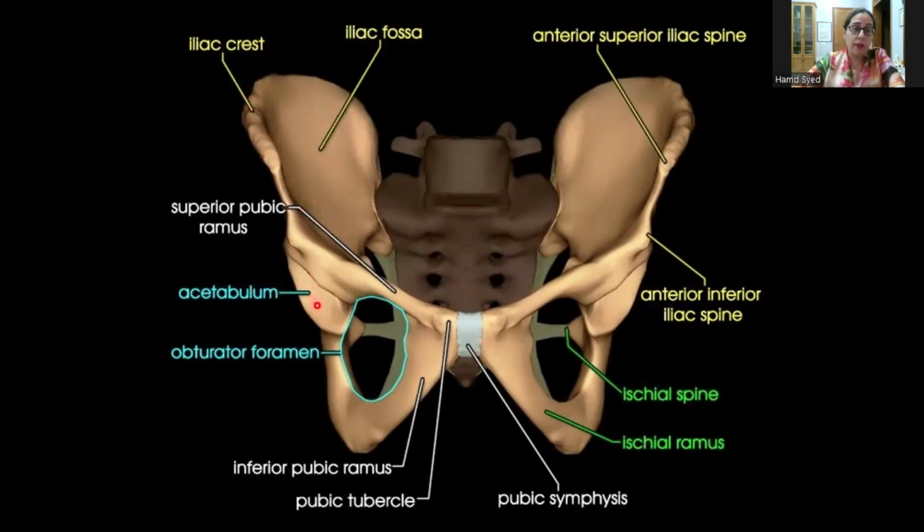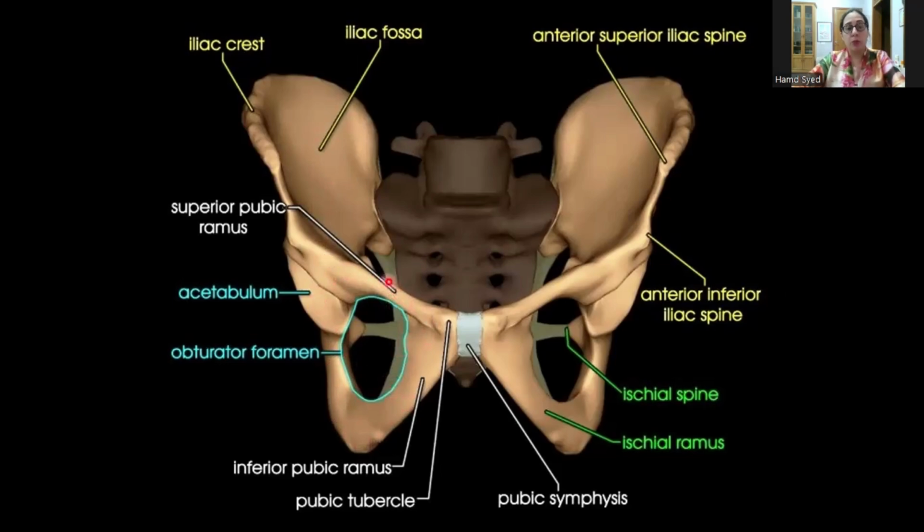Then let's look at the other two parts of the hip bone. That is this portion over here, which is known as the pubis. And then we can see the lower part, inferior thickened and sturdy part, which is the ischium. So these are the three parts of each hip bone, the ilium, pubis, and the ischium.